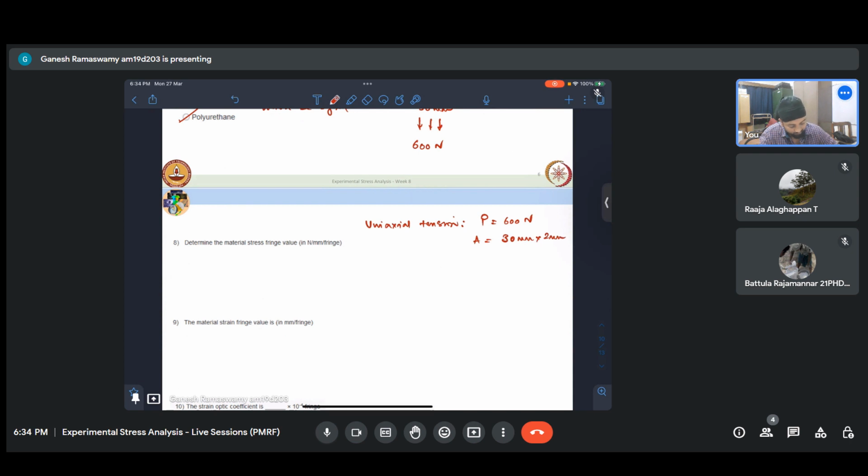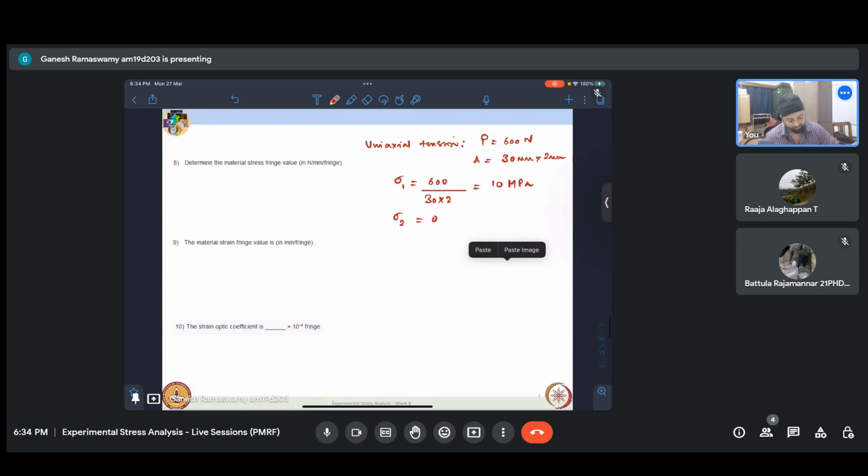So sigma 1, which is nothing but our maximum uniaxial tension, is 600 by 30 into 2, which is 10 MPa. Sigma 2 is 0 for the case of uniaxial tension. So sigma 1 minus sigma 2 is 10 MPa, and it equals N F sigma by T. Why not 2T? Because we are doing this using transmission photoelasticity.